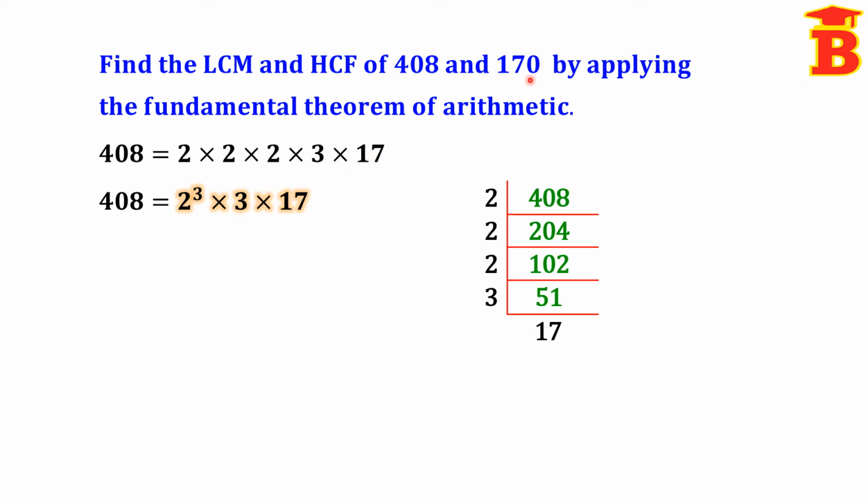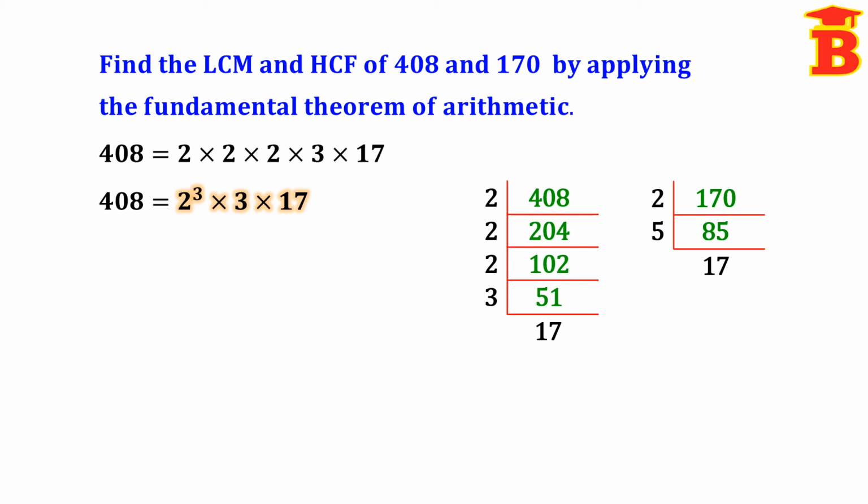Next number is 170. Find all the factors of 170. It's an even number, so first divide by 2. We get 85. And this 85 we can divide by 5. Exactly 17 times.